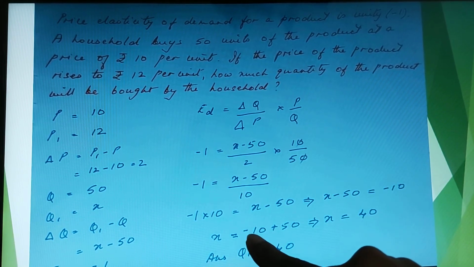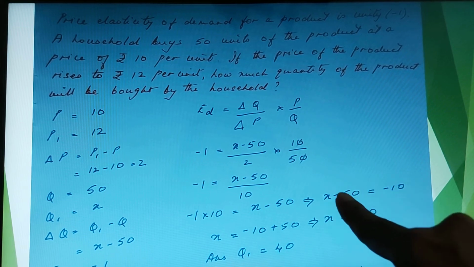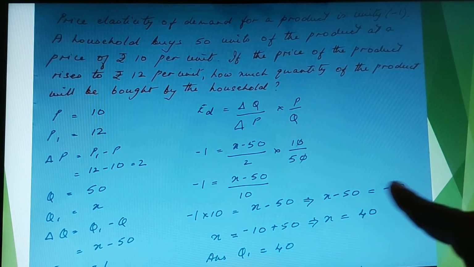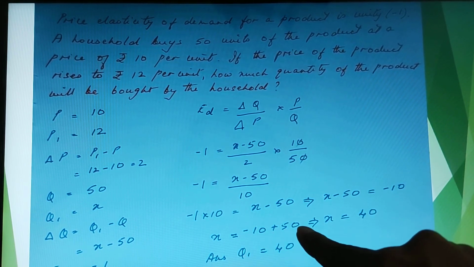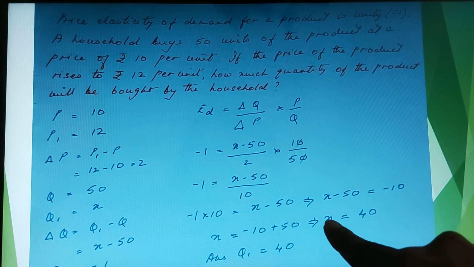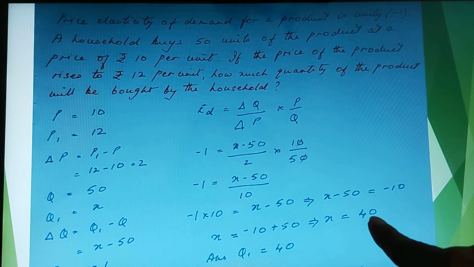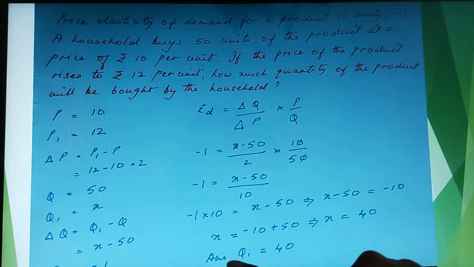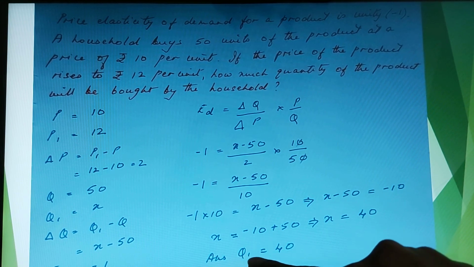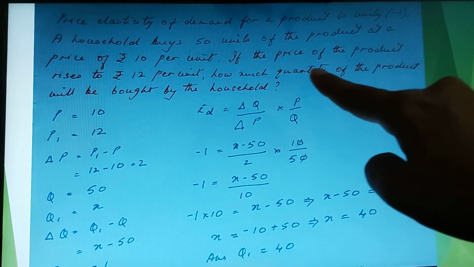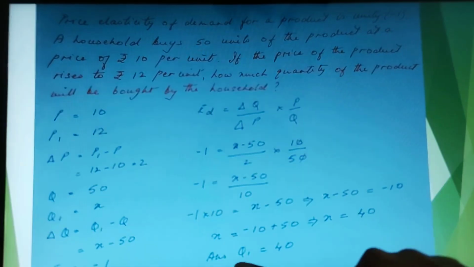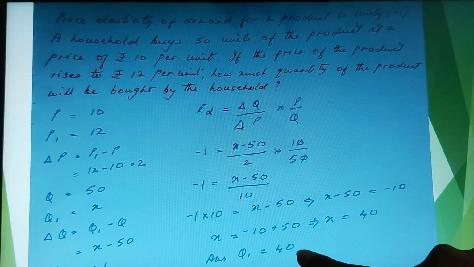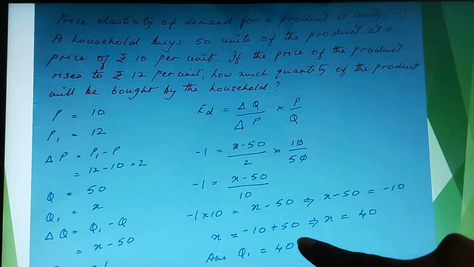X is equal to minus 10, and when 50 comes over here, the minus sign will change to plus. So X is equal to minus 10 plus 50. So what do we get? 50 minus 10, X is equal to 40. So our Q1, what did we have to find out? We had to find out how much quantity of the product will be bought by the household. What is our answer? Q1 is equal to 40. I hope this is clear to you.